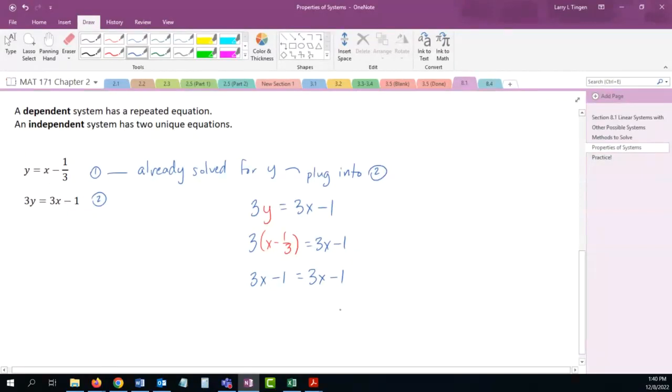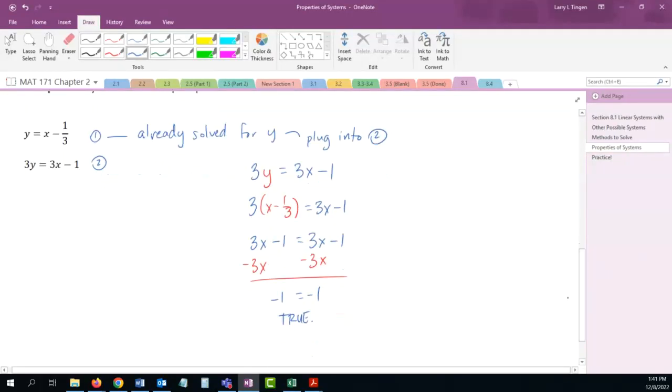Now remember, the goal here is to solve for the variable, so that means I need to get the x's all on the same side. So I'm going to subtract 3x to move them all to the left. But what happens? 3x minus 3x is 0. So I end up with -1 is equal to -1.